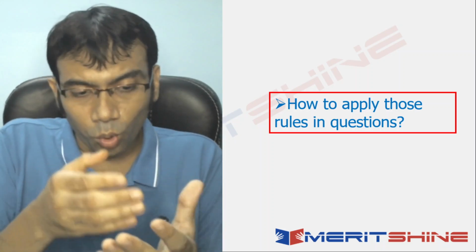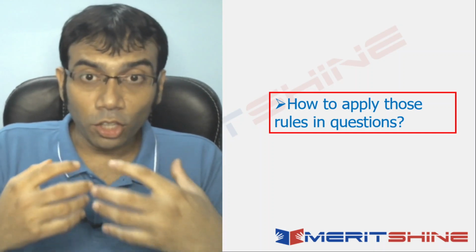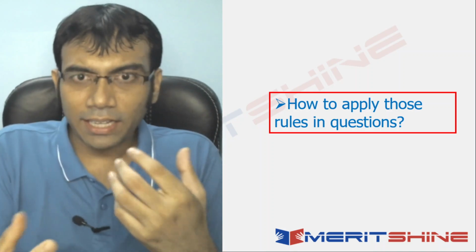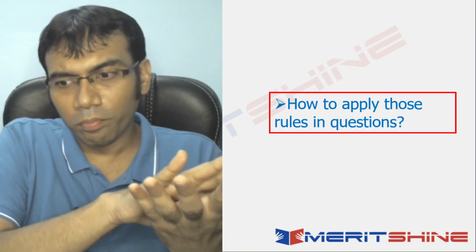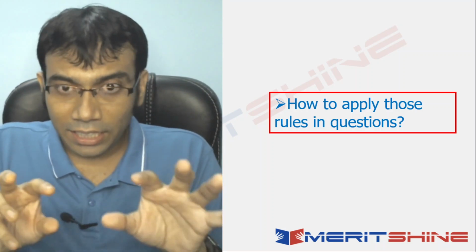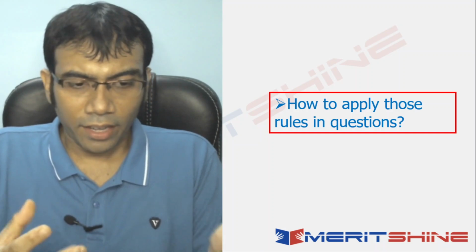But applying those would also be difficult, isn't it? Because you do not get to understand until and unless you have gone through many questions, read a lot, that this is the utility of this concept, right?